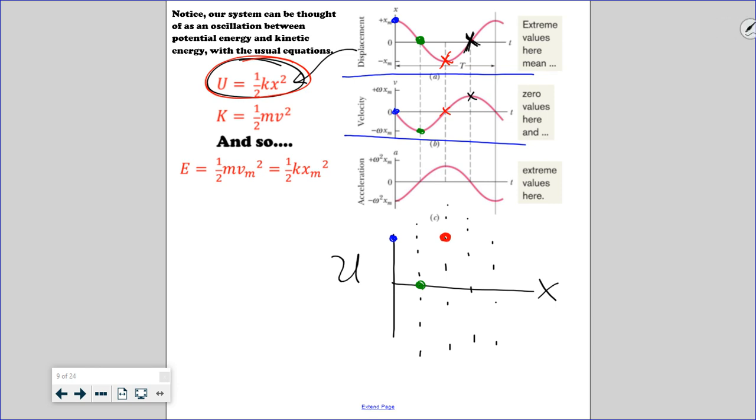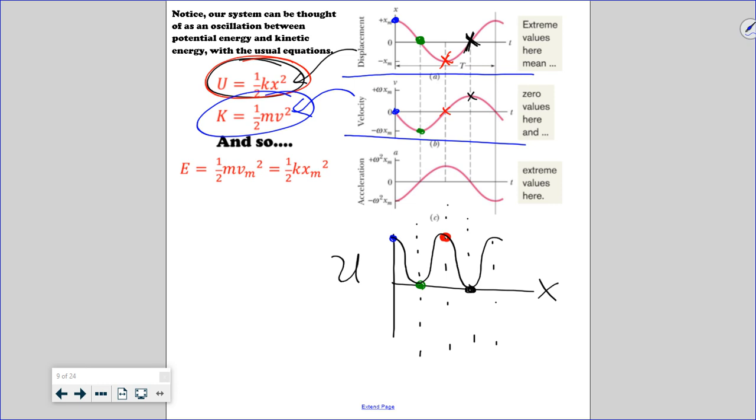X is 0 at the black, right? So my elastic potential energy function looks like this. It turns out to be a cosine graph that's shifted up, and the frequency is doubled. It happens twice as often.